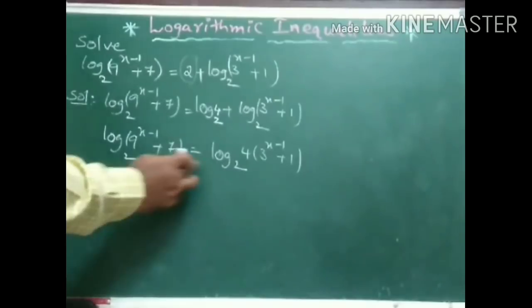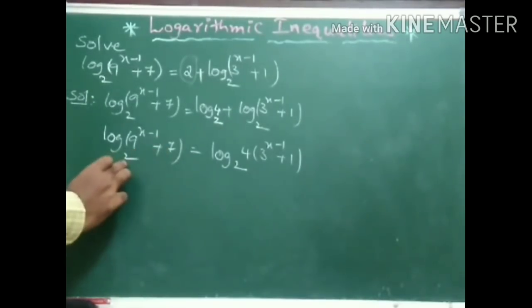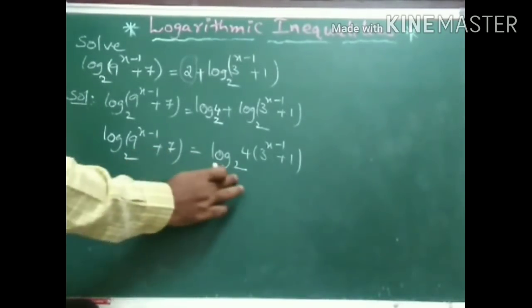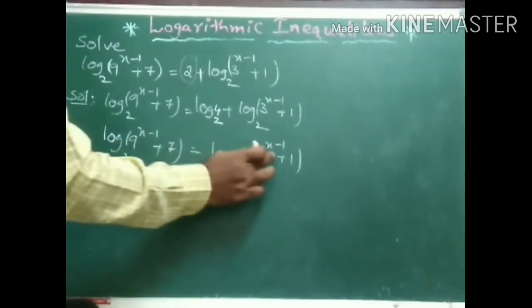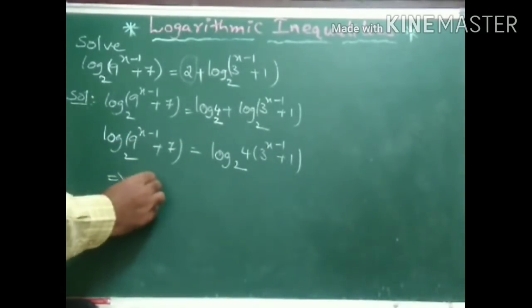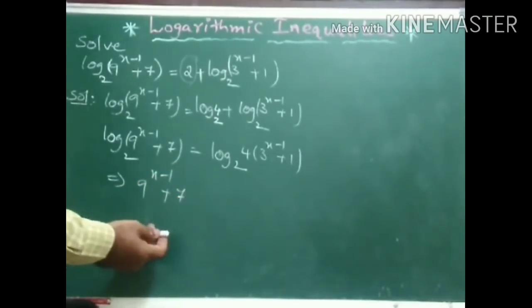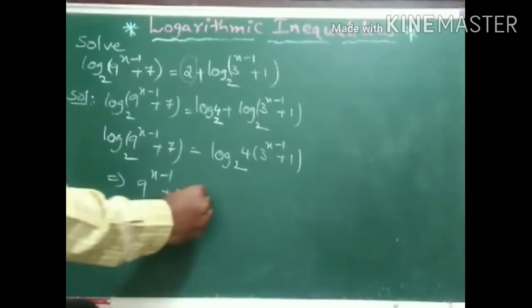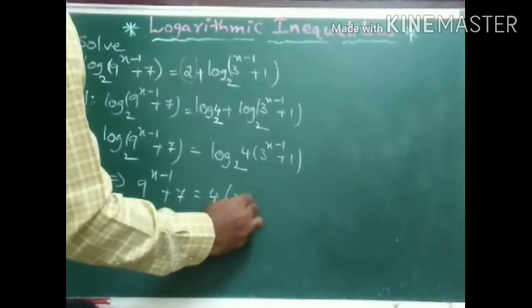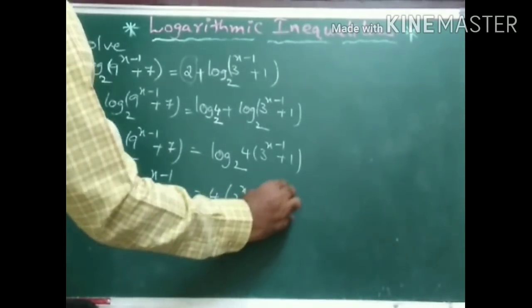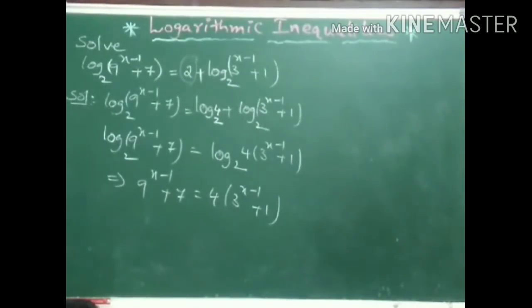Now while comparing, since the logarithmic base is the same, the numbers must also be the same. I can write this as 9^(x-1) + 7 is equal to 4 into (3^(x-1) + 1).